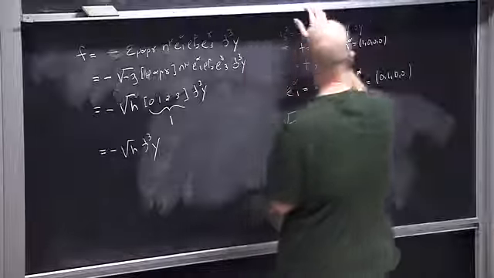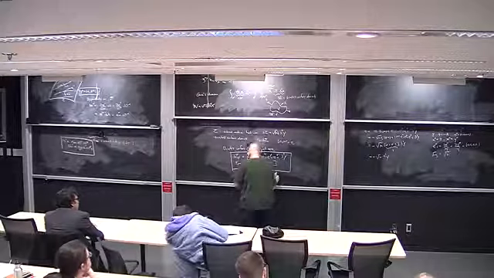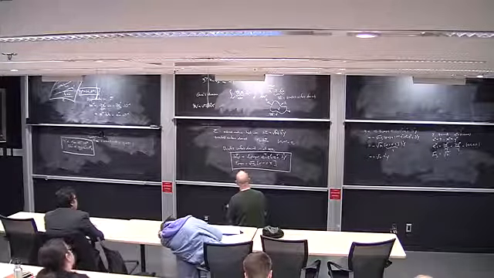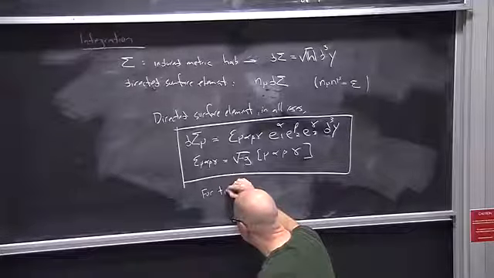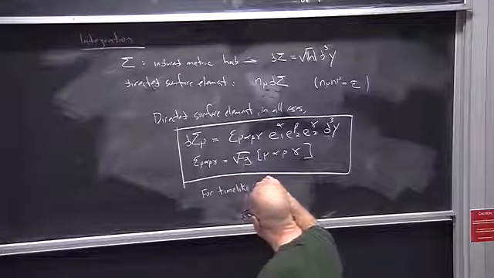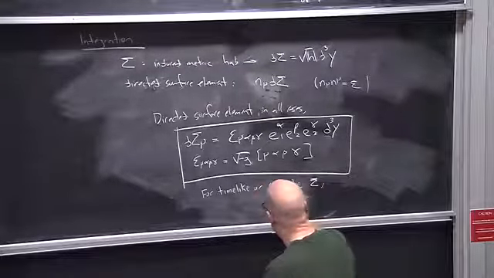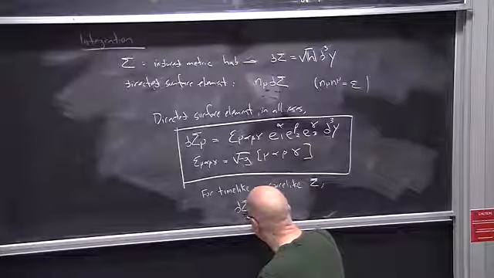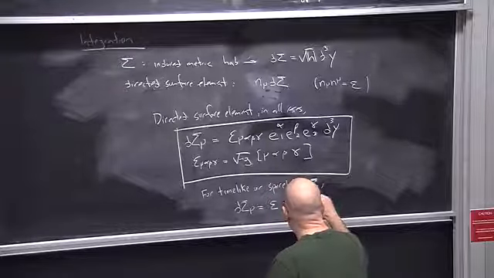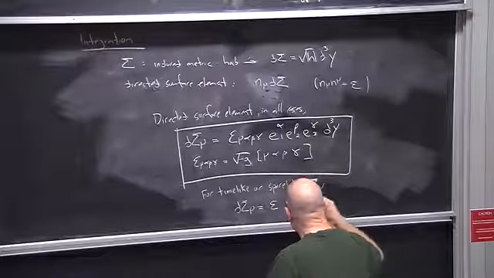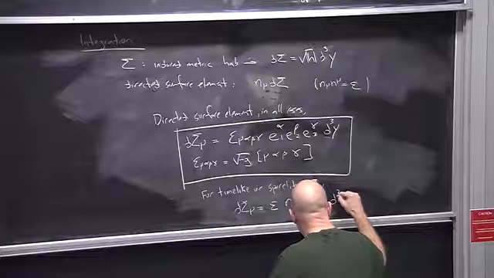So the conclusion of a fuller analysis would be the statement that for a time-like or space-like situation, d sigma_mu turns out to be epsilon times n_mu times the square root of the absolute value of h, d3y.